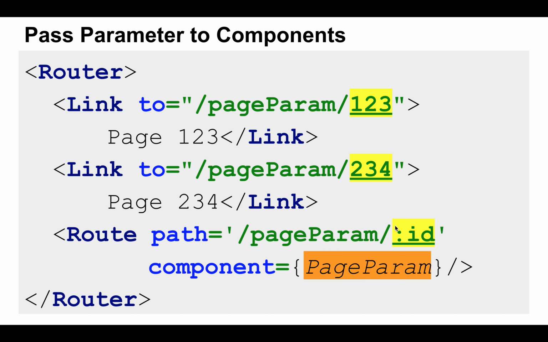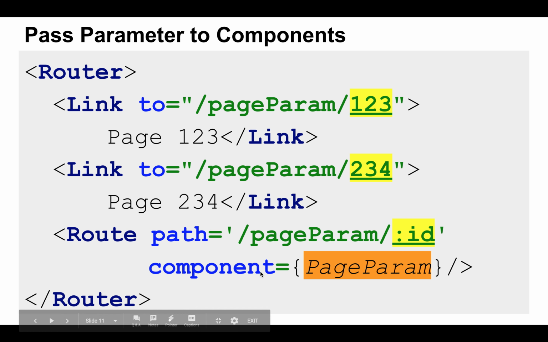See this placeholder over here? This :id with a colon in front of it means that this is not literally the characters colon I D. It means that whatever follows page param, like 1, 2, 3, and 2, 3, 4, will be available to you in a variable called ID.